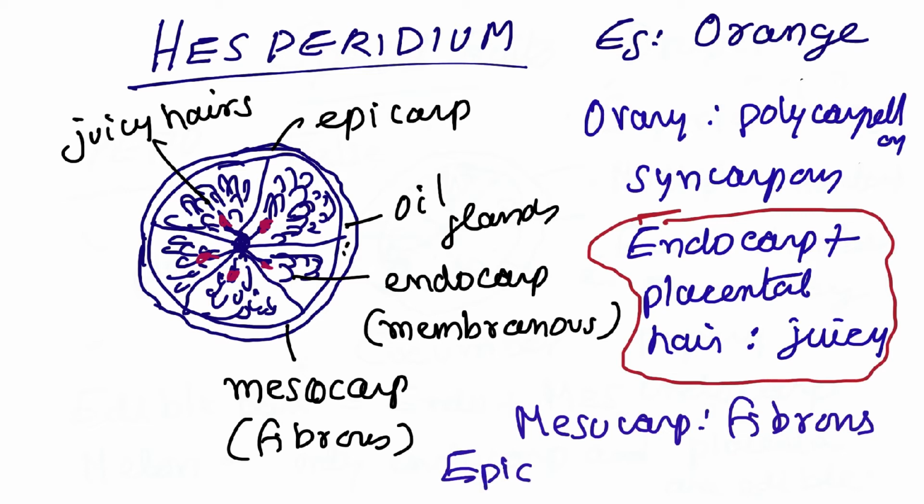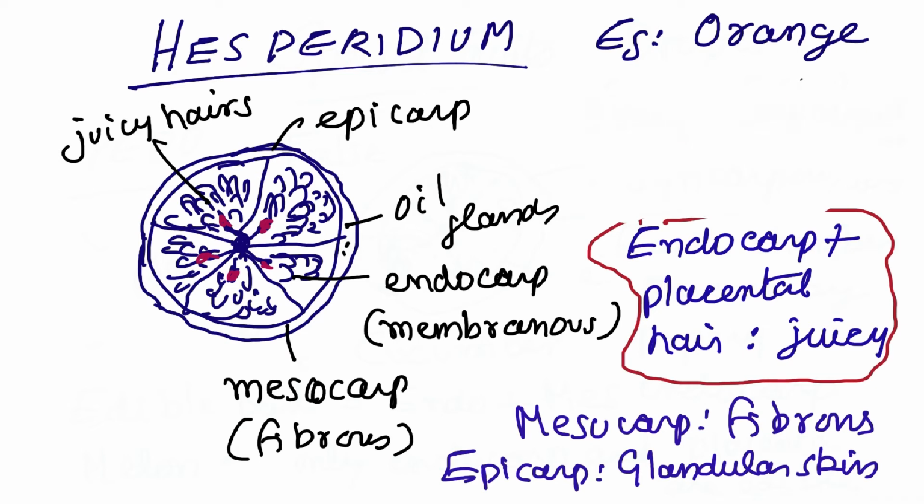So once again, note the placental hair. The mesocarp is fibrous, and the epicarp, as already mentioned, has a glandular skin, which basically means that when you squeeze, liquids come out of it. Another example of Hesperidium is the lemon.